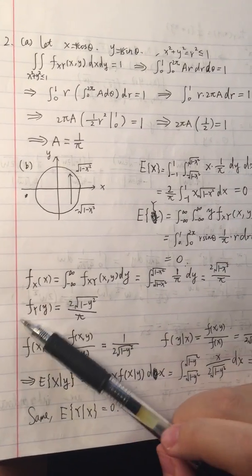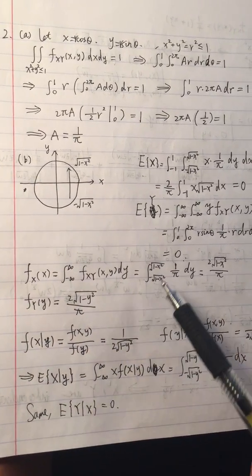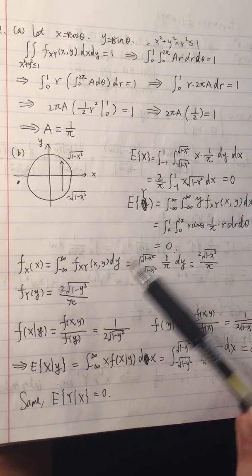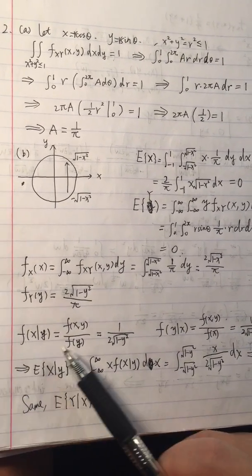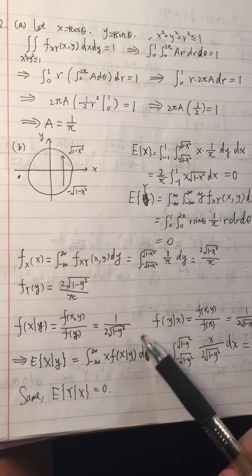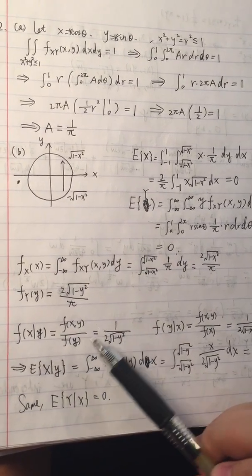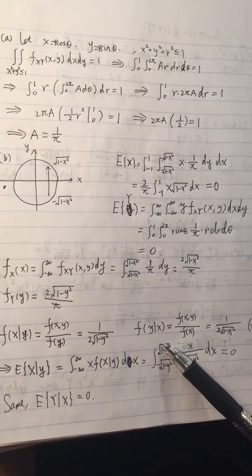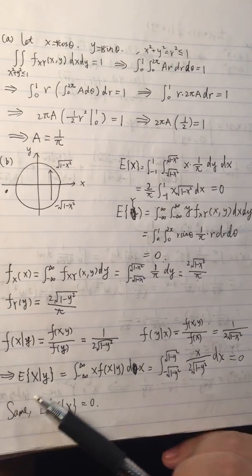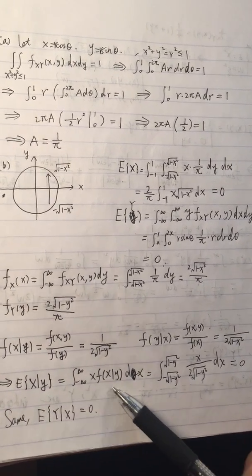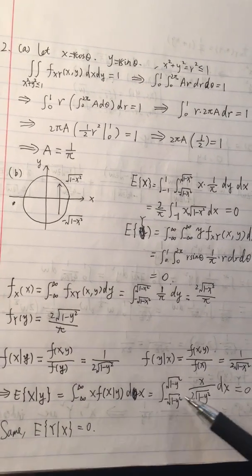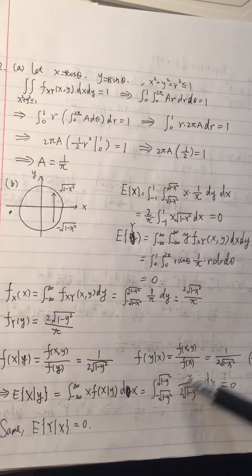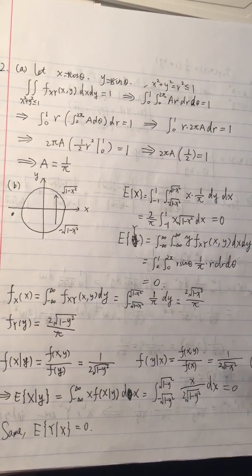So we can get f_X like this, and f_Y the same, with x replaced by y. And we can get that f of X given Y is equal to f_XY divided by f_Y. So E[XY] is the integral of x times the conditional density, and integrating from this one to this one, we get that it is of course 0.